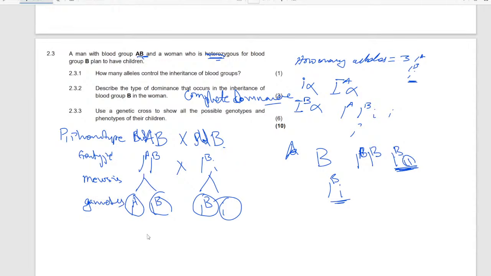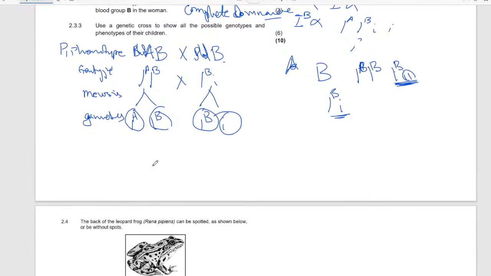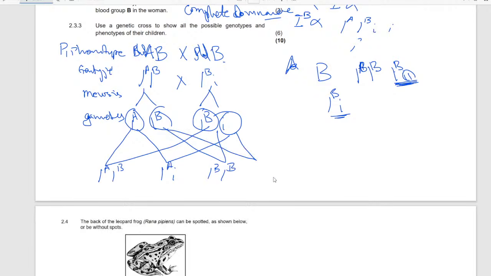gametes. After that, you go to crossing. Yes, you can use a Punnett square or you can cross directly. A, and then this is B, and then this with this is going to be A, I, and then this with this is going to be B, B, and then this with this is going to be B, I. So how do you call this?